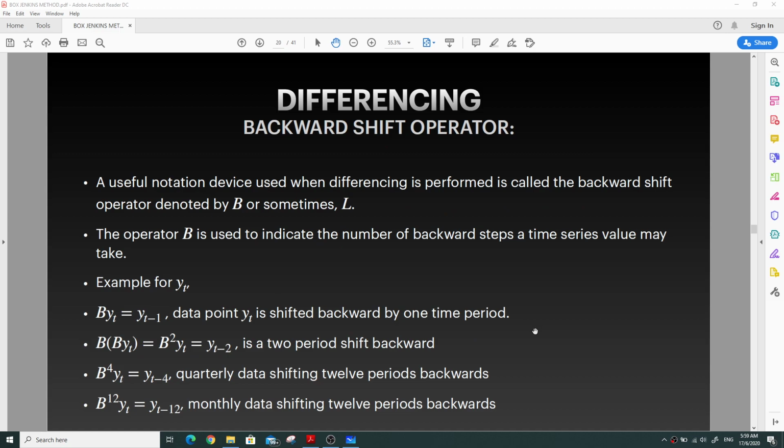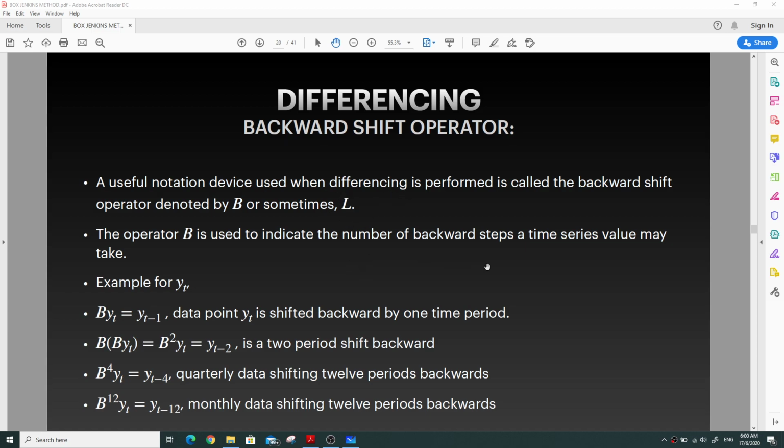For this particular slide, I will also introduce the operator that is commonly used to represent the differencing notation. This operator we call the backward shift operator, or B letter, and some textbooks also use the L letter.